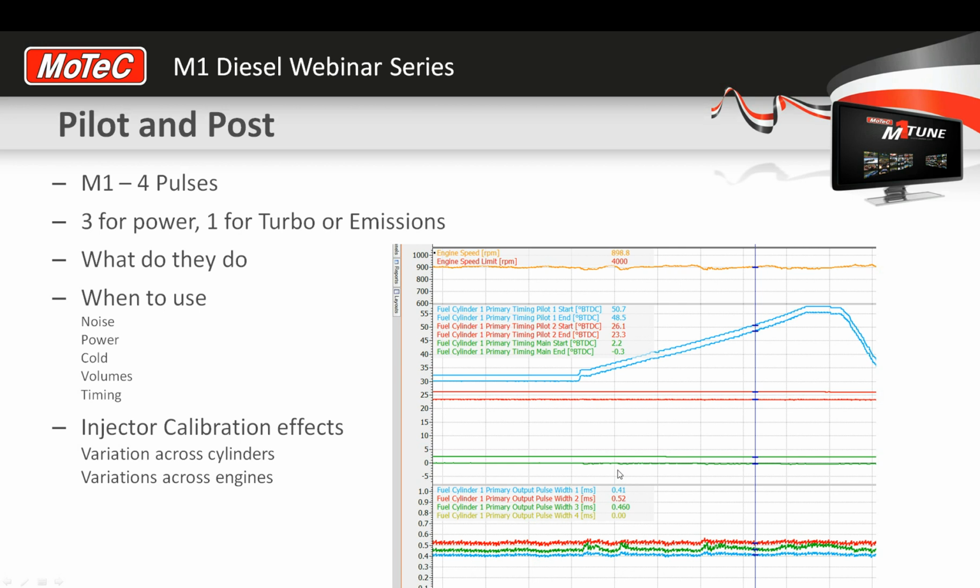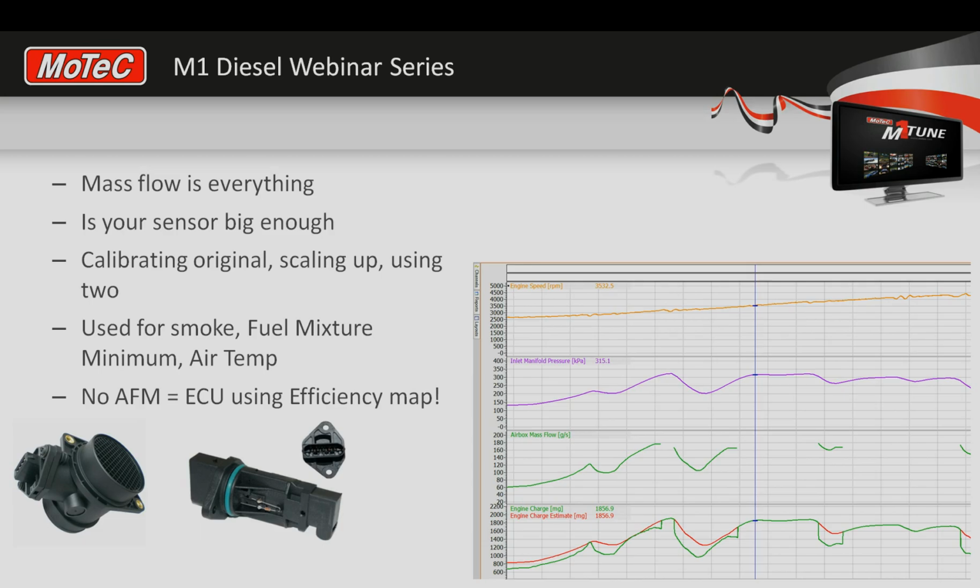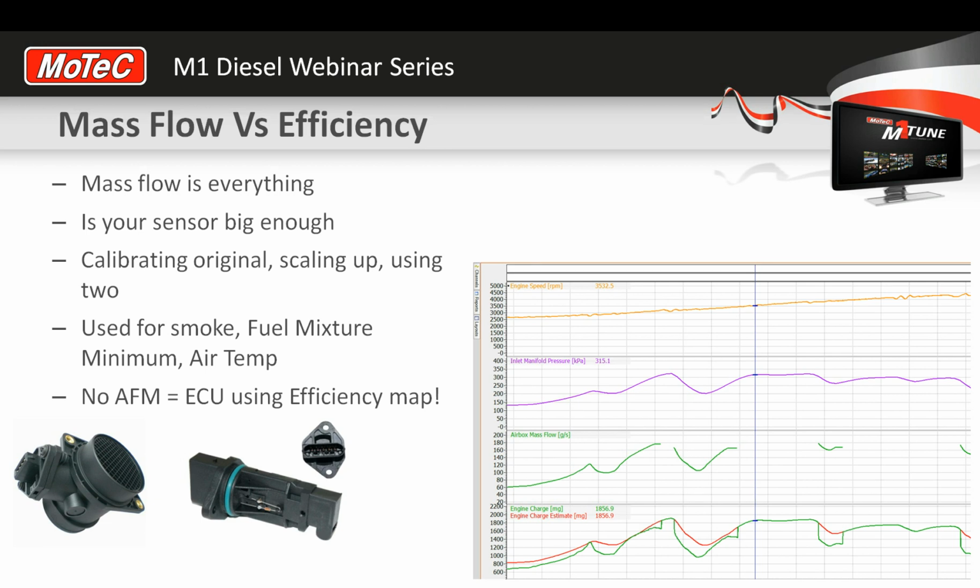We spoke about the dead time and the reasons to stay away from it in a previous webinar, so if you haven't seen that, I'd suggest you go back and have a look. That's the basic overview on pilot and post pulses. In future webinars we'll go through that live, but for now that's just an overview of what they do.